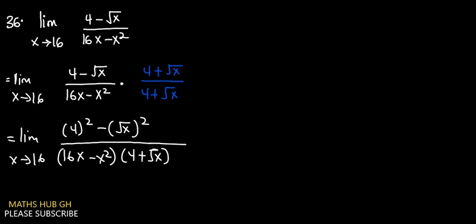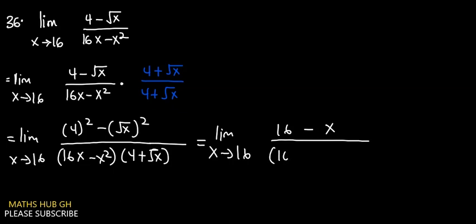So let's look at what you are going to do next. 4 squared will give us 16, and the square root of x squared will give us x. So we are just going to have 16 minus x, all this divided by 16x minus x squared, multiplying 4 plus root x.